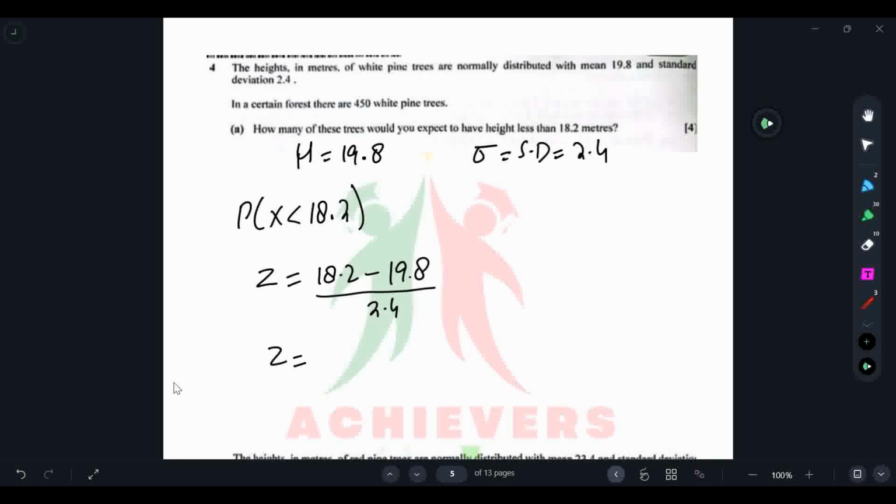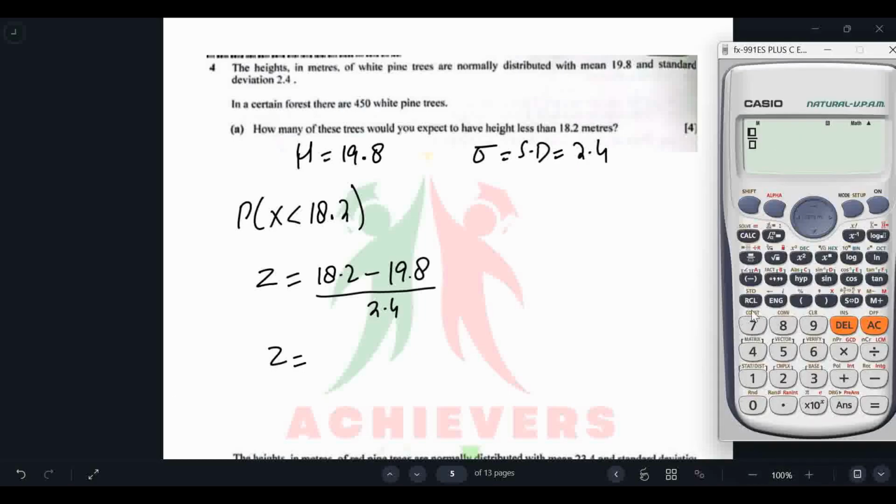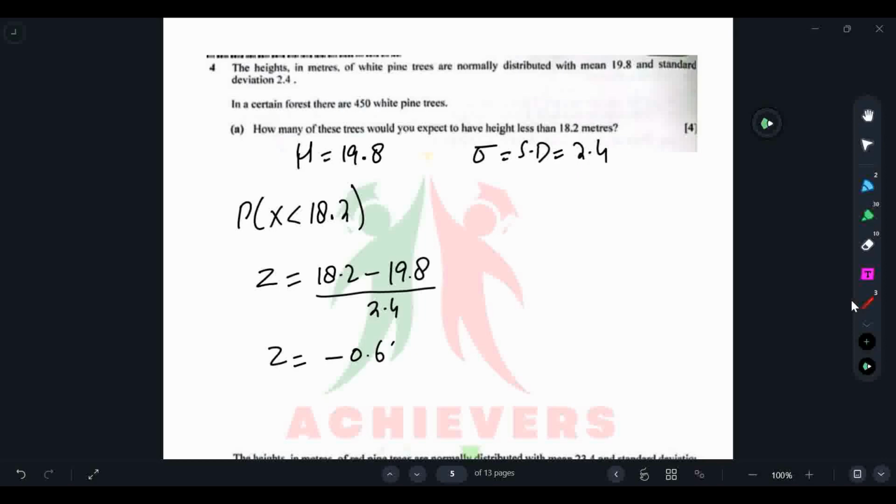So z is equals to fraction 18.2 minus 19.8 divided by 2.4. So this will be equals to minus 2 by 3, minus 0.666. We can write it as minus 0.667. Now z is equals to this one.